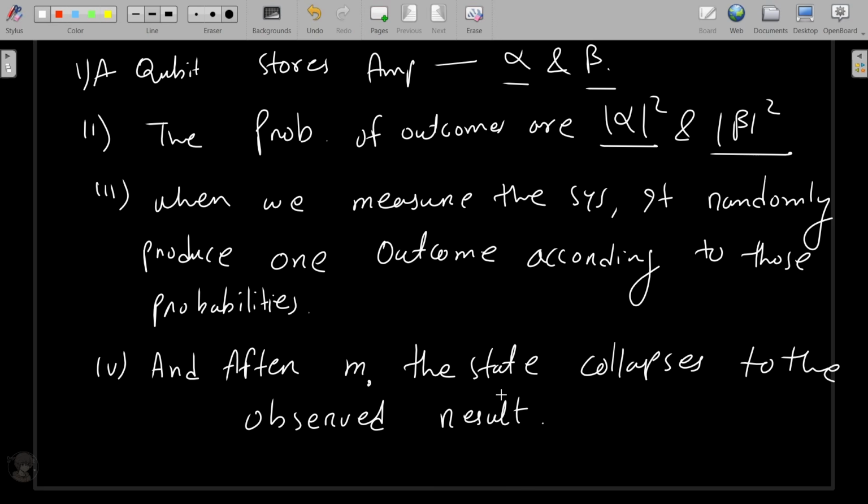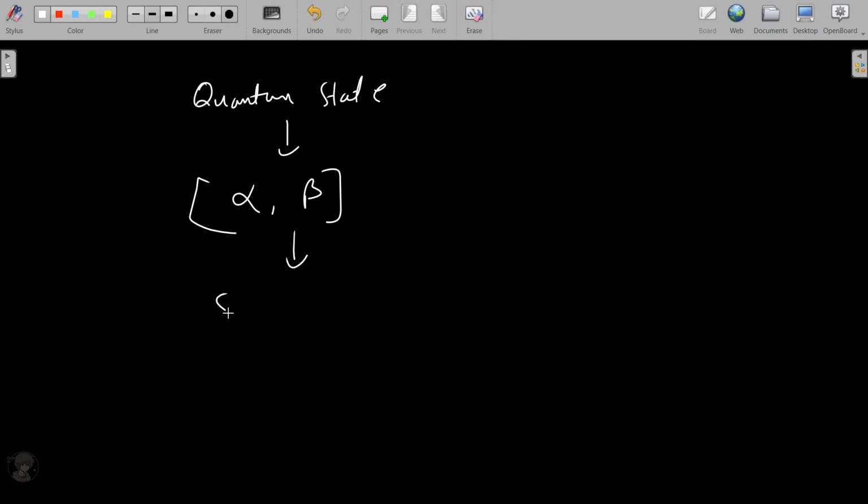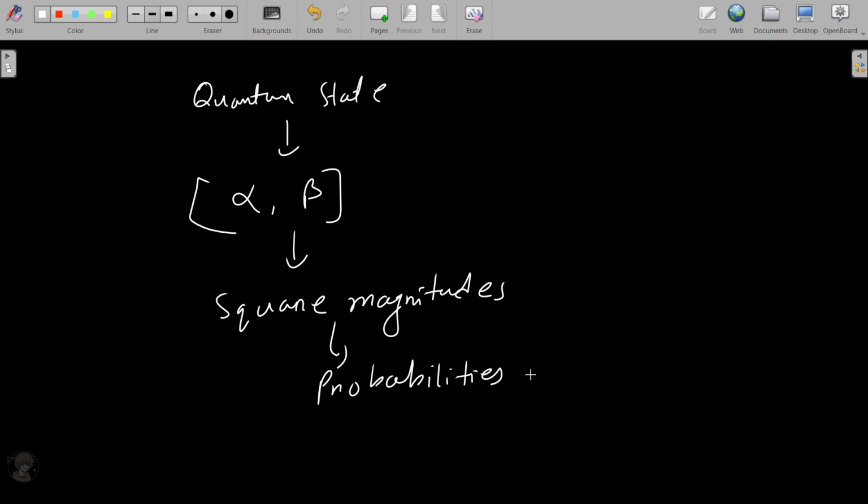So if we draw this visually: quantum state, then our amplitudes alpha, beta, then squared magnitude, then probabilities, then measurement, then result, 0 or 1.